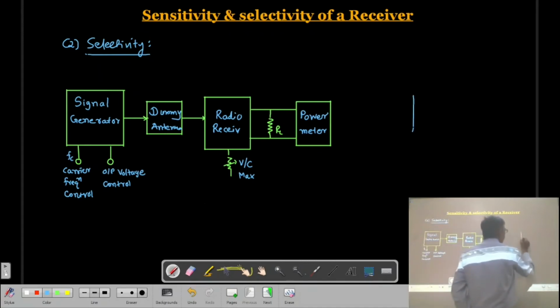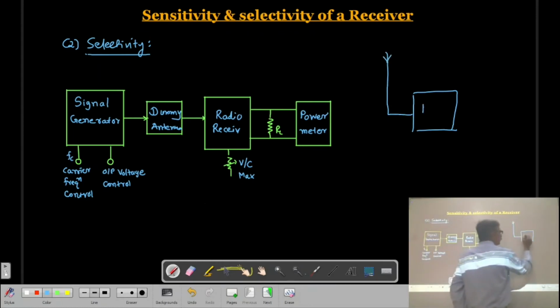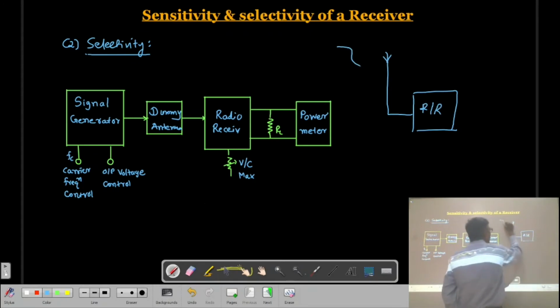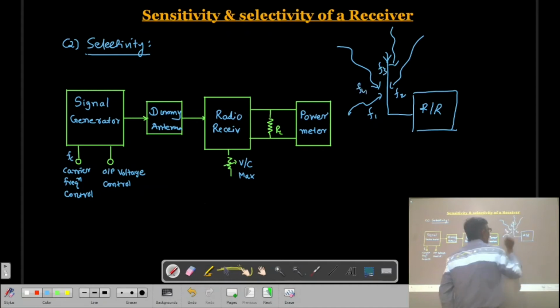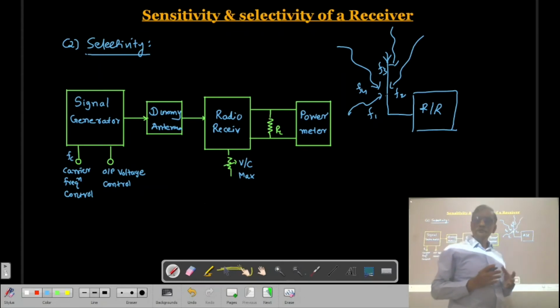If we have this radio, then at the input the antenna is there, and this antenna is receiving signals from different transmitters. Correct? Here F1 is there, F2 is there, F3 is there, F4 is there. All these different transmitters are inducing a current in the antenna. But out of all this, you want to listen to one particular station.